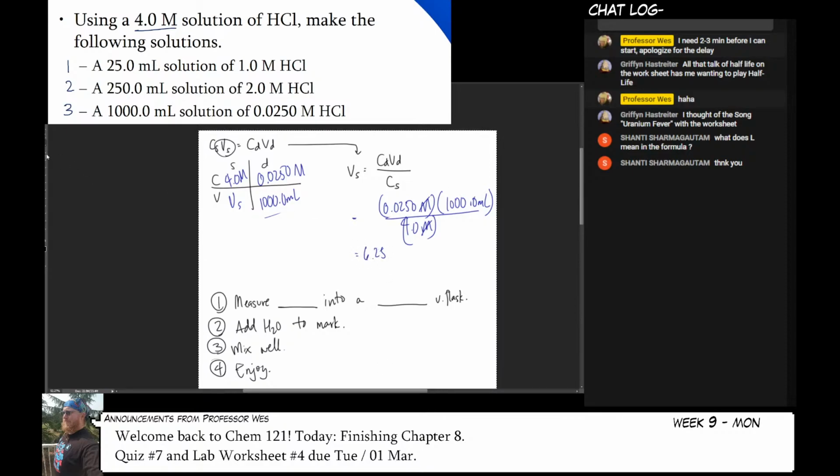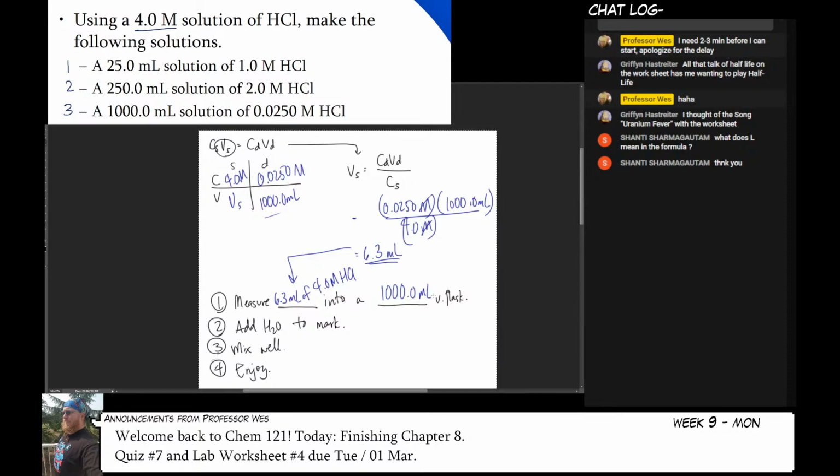I only get 2 sig figs, though, so this time we'll actually write the correct number of sig figs. That should be a dot, which didn't really show up there very well. There we go. Measure 6.3 milliliters of 4 molar HCl into a 1,000 milliliter volumetric flask.